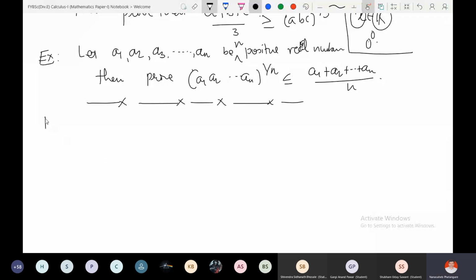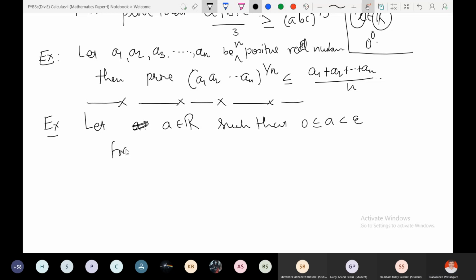Okay, now, let a be a real number, a belongs to R, such that 0 is less than or equal to a, and a is less than epsilon for every positive epsilon. Then a has to be 0.